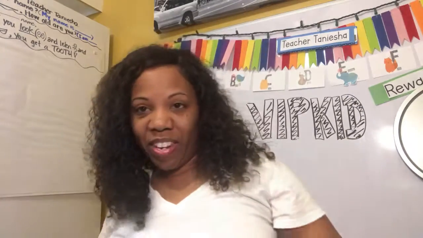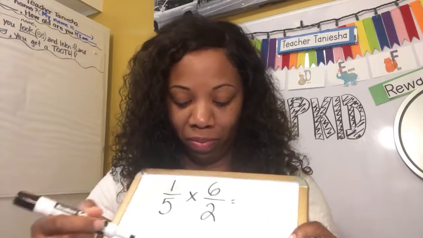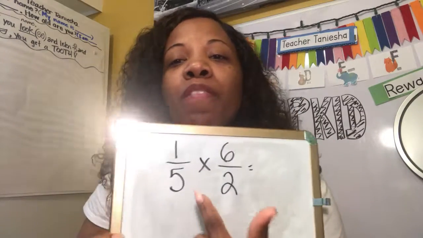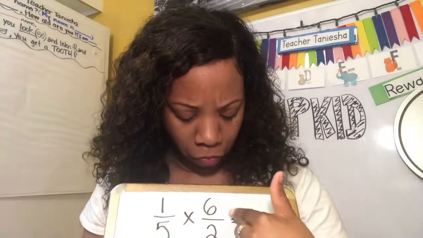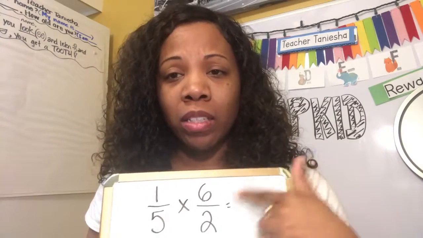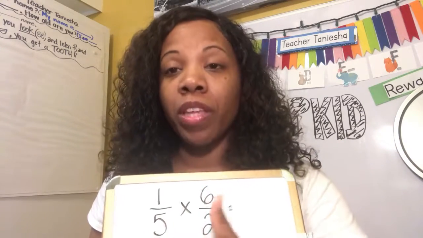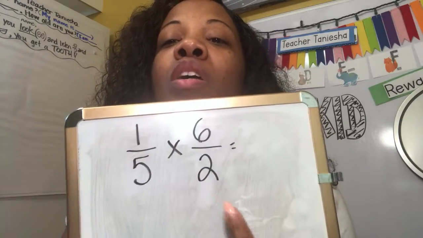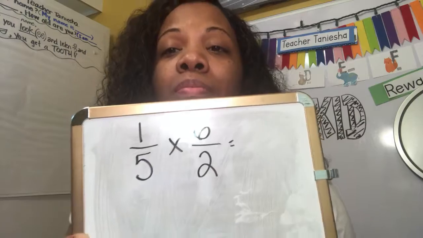Well, without solving, I would know that 1/5 times 6/2, the product is going to be greater than 1/5 because I multiplied by a fraction greater than a whole.